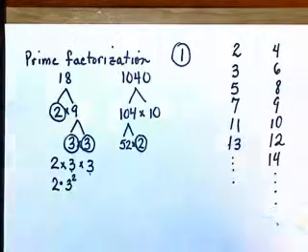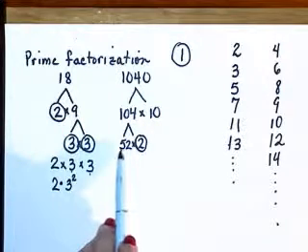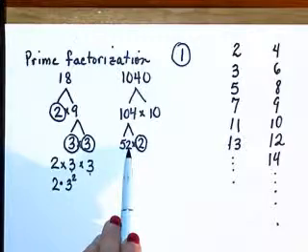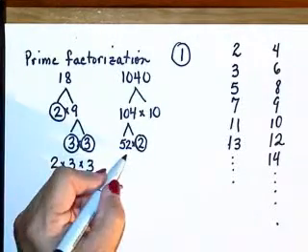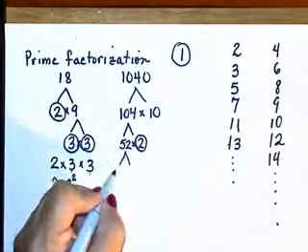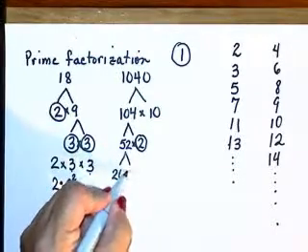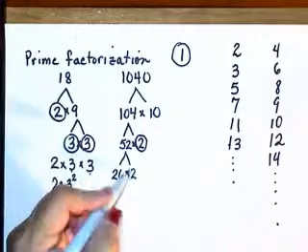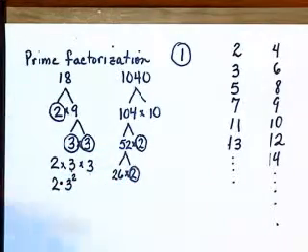Now, 52. What are the things that multiply and get 52? Okay? We don't need to try very hard because we can look at this and say, ooh, it ends in 2, so it's divisible by 2. So 2 into 52 is 26. So 26 times 2, and 2 is prime.